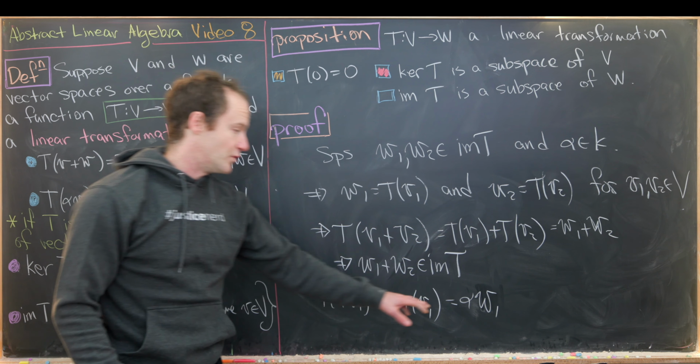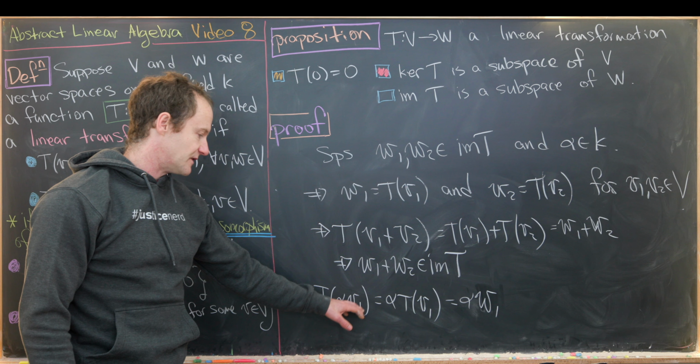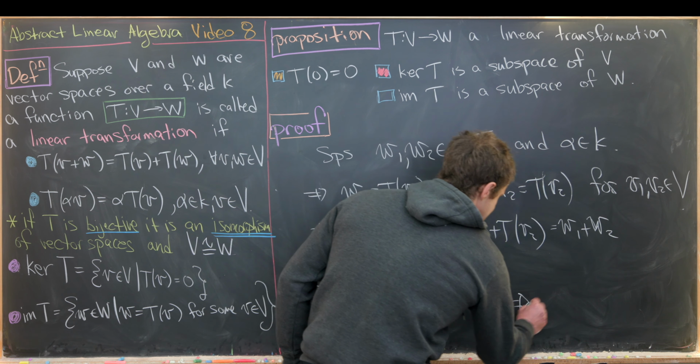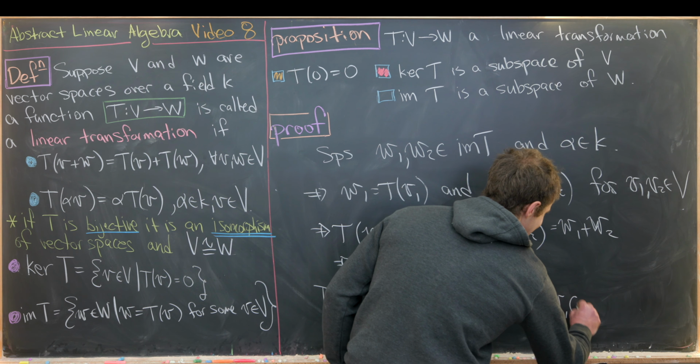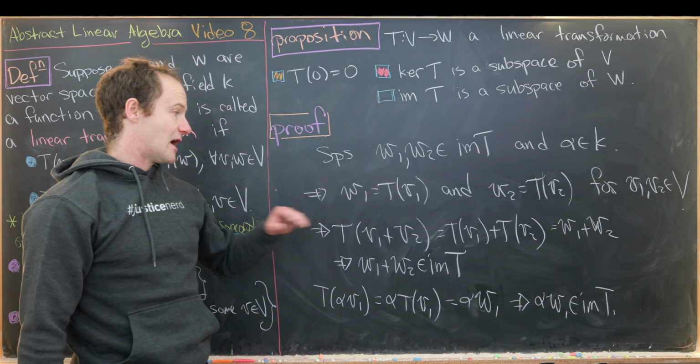But again, now we've written alpha w1 as the image of something from V, in this case, alpha v1. But that means that alpha w1 is in the image of T. So now we know that the image of T is closed under vector addition and scalar multiplication, but that's exactly what we need for this image of T to be a subspace of W.